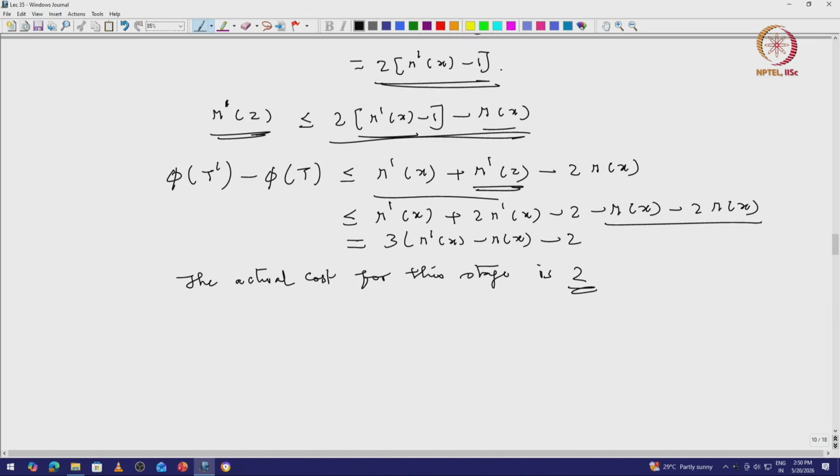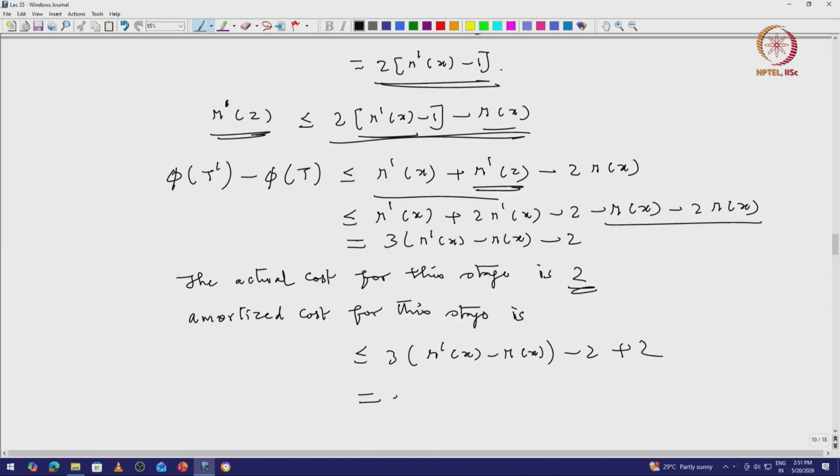Therefore, actual cost plus potential difference is the amortized cost for this stage, which is less than or equal to 3 times r dash x minus r of x minus 2 plus 2, which is equal to 3 times r dash of x minus r of x.